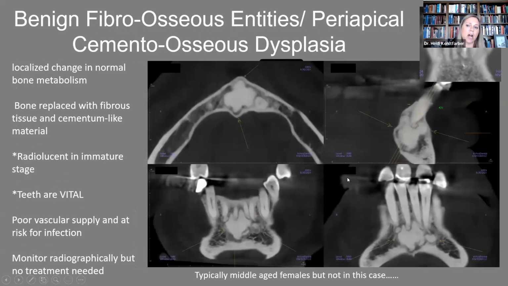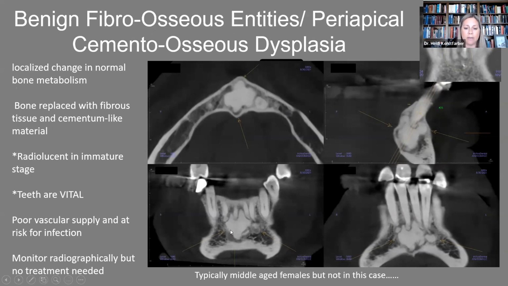All right, benign fibro-osseous entities, we see these very, very commonly. I think in school we learned that typically these were middle-aged females, but that's not always the case. So this particular case actually is an elderly male. And so really we're looking at our symptoms, our appearance.